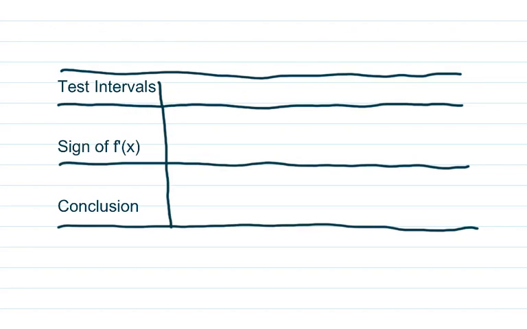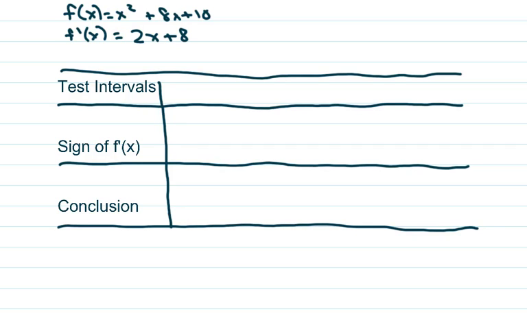Now, we're going to go ahead and do test intervals for this. So since it's a polynomial, we have f of x equals x squared plus 8x plus 10, and our derivative is 2x plus 8.